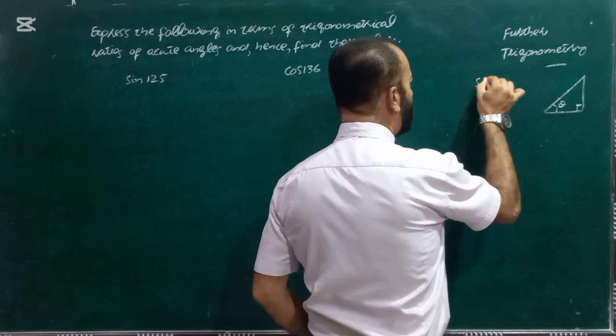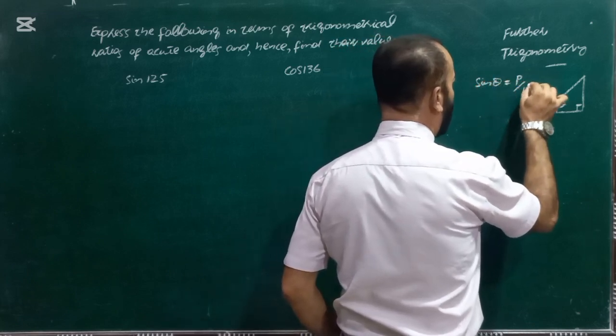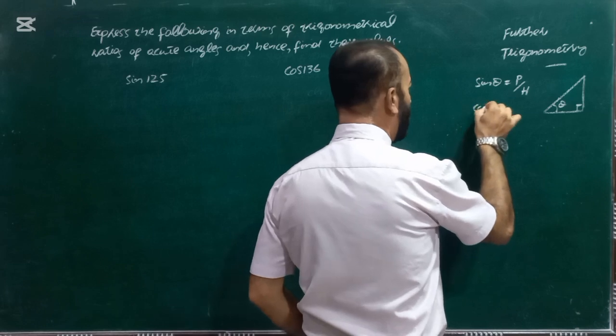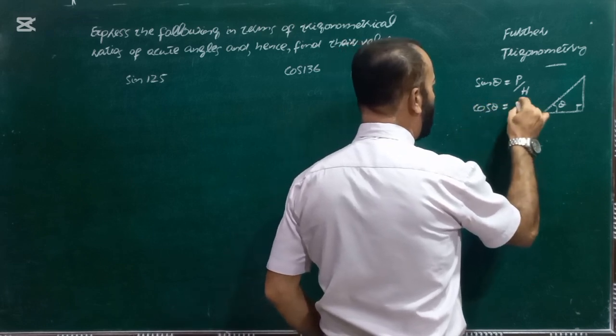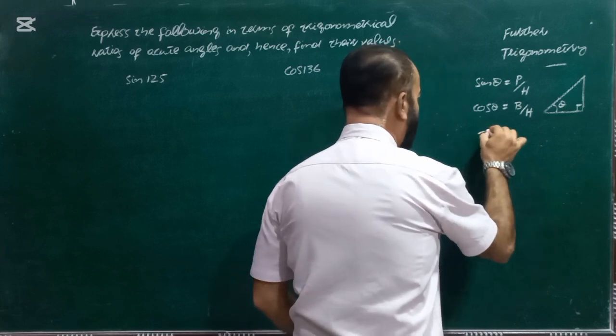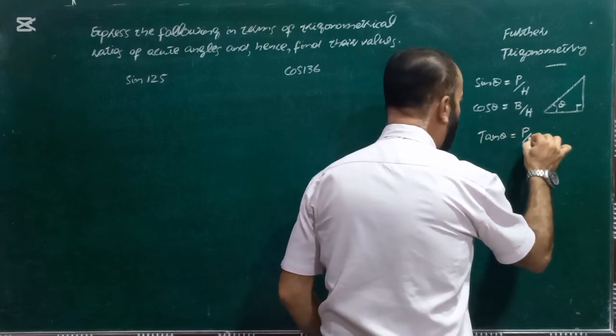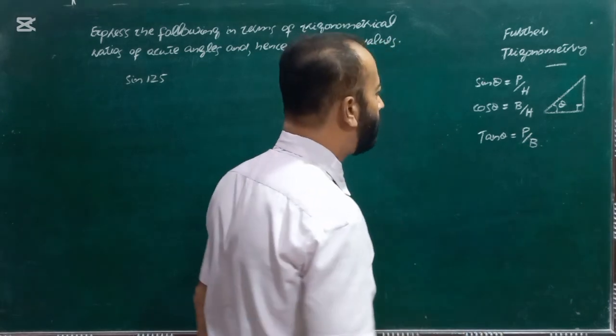So the sine theta will be equal to perpendicular over hypotenuse. Cos theta is equal to base over hypotenuse, and tan theta is equal to perpendicular over base.